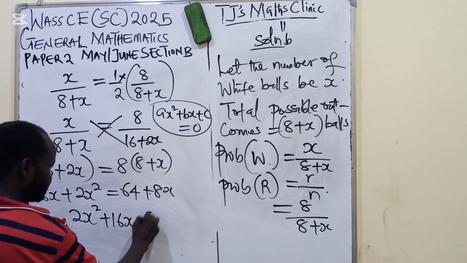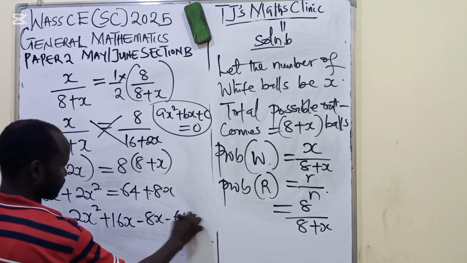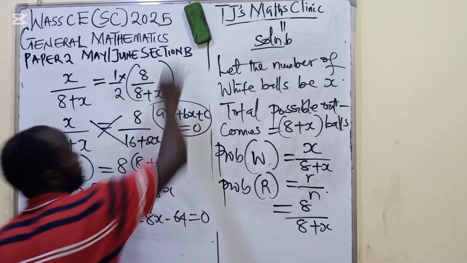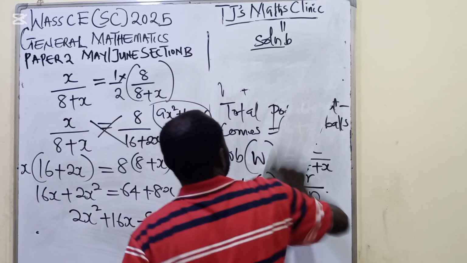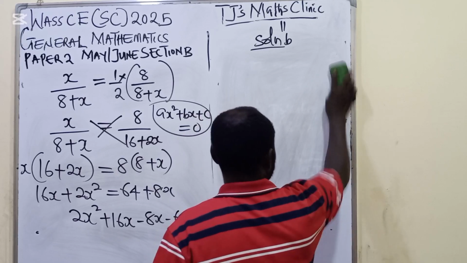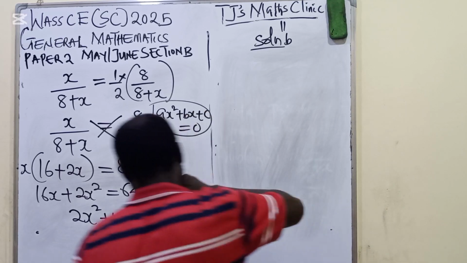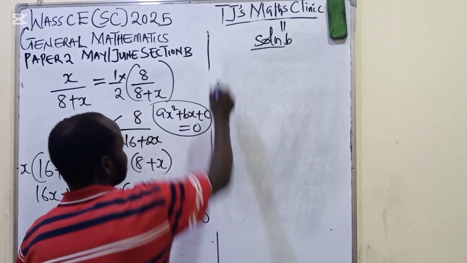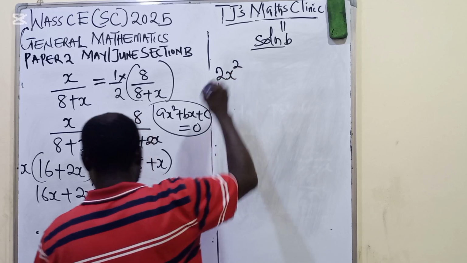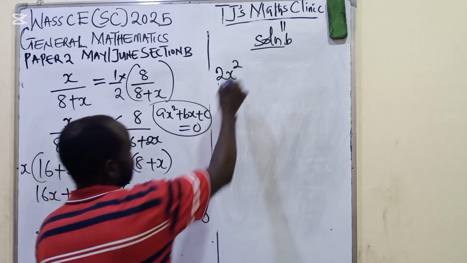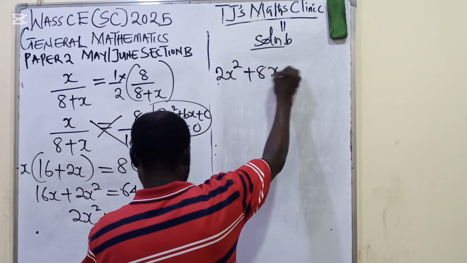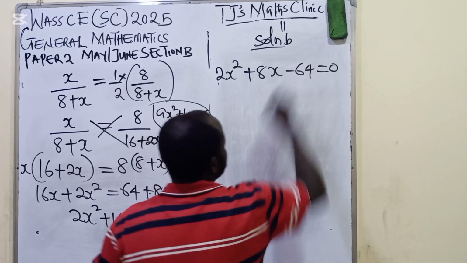That will be minus 8x now, minus 64 must be equals to 0. Okay, we are looking for x. Whatever the value of x will be the number of white balls in the bag. We have 2x squared plus 16x minus 8x, of course, it will be plus 8x minus 64 equals 0.